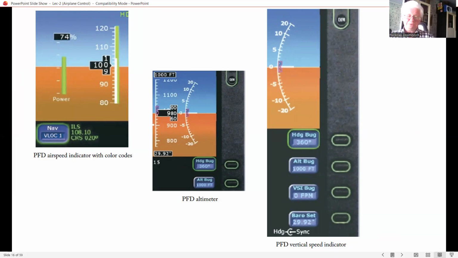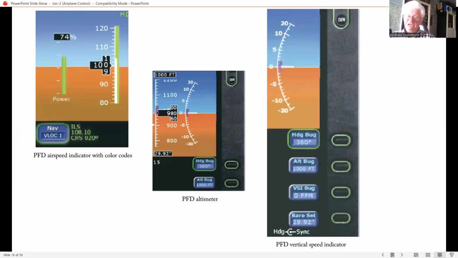The airspeed displayed on the PFD is a vertical tape that uses the proper color code. The round altimeter and the vertical speed indicator are on the right side of the traditional panel, and they are also on the right side of the PFD, in the middle and right figures.